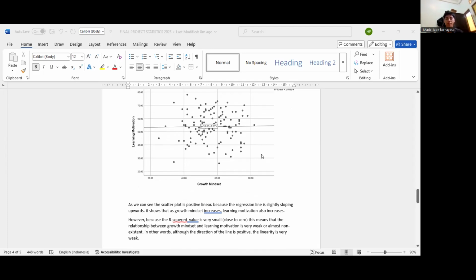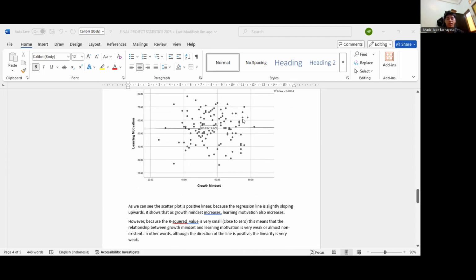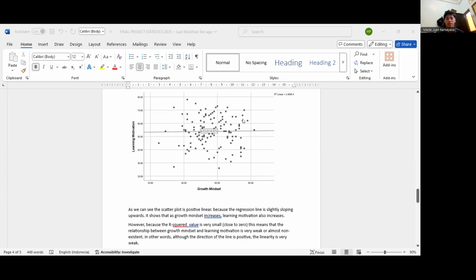Because the r squared value is very small or close to zero, this means that the relationship between growth mindset and learning motivation is very weak or almost non-existent.